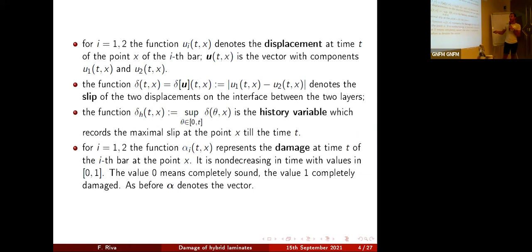We assume they are not decreasing in time, because for us, damage is an irreversible process. The material cannot heal itself. And they are valued in the interval [0, 1]. For us, 0 means completely sound material, while 1 means completely broken, completely damaged.